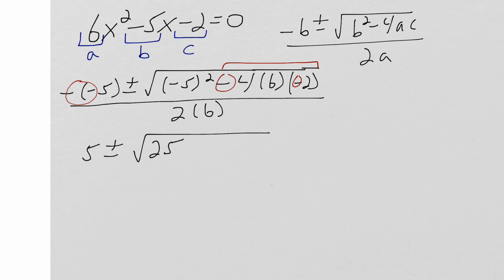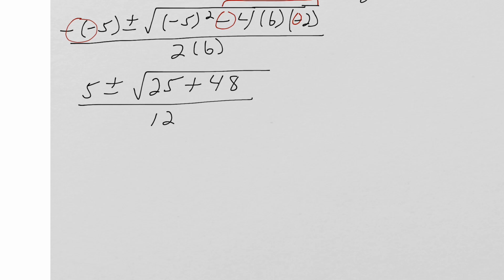So negative 4 times 6 times negative 2 is a plus 48. And that's all over 2 times 6, which is 12. We can still clean up more underneath that radical. It's going to give us 5 plus or minus the square root of 25 plus 48, which is 73, and that's all over 12.